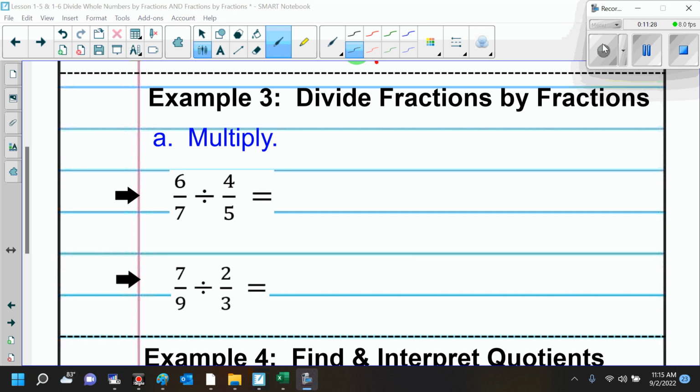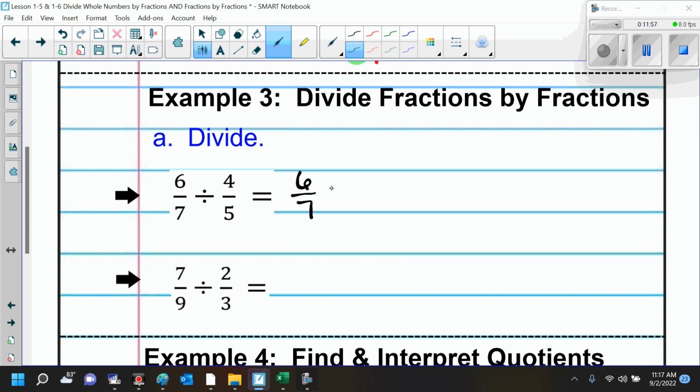Example 3 is divide fractions by fractions. So when we divide fractions by fractions, the rules and the steps are all still the same. Okay? Because we want the first number to be a fraction too, right? This one's already a fraction. So do I need to do anything different? Nope, everything is the same. So here, you guys, we are going to rewrite the first number.